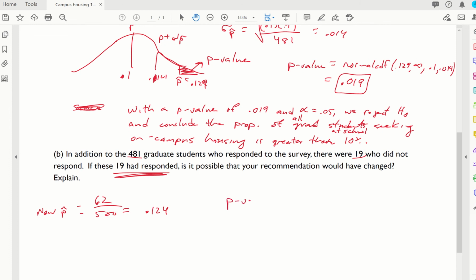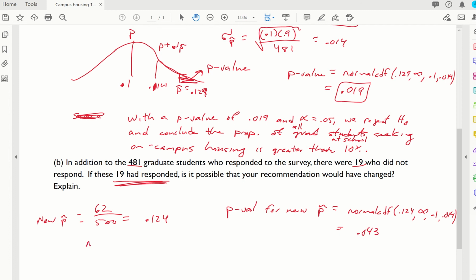So the p-value for the new p-hat is going to equal normal CDF from 0.124 to infinity with mean 0.1 and standard deviation 0.014. Let's calculate that real quick. That gives me a p-value of 0.043.